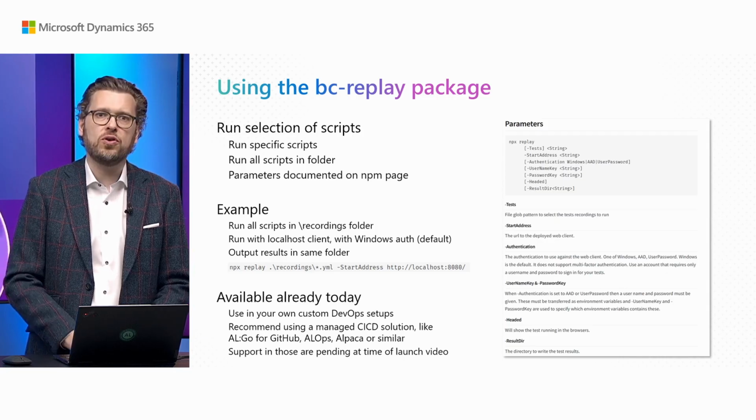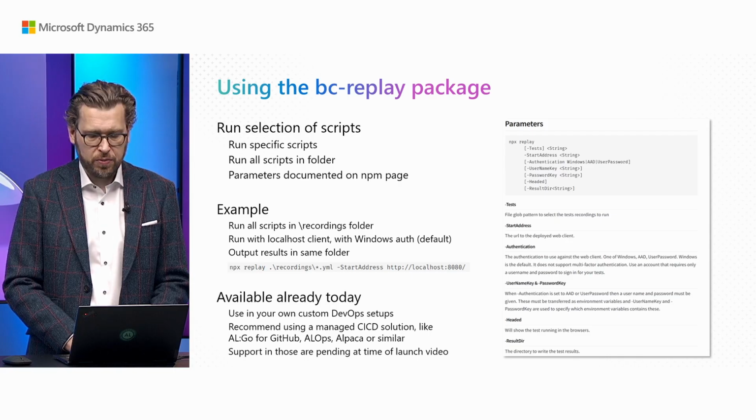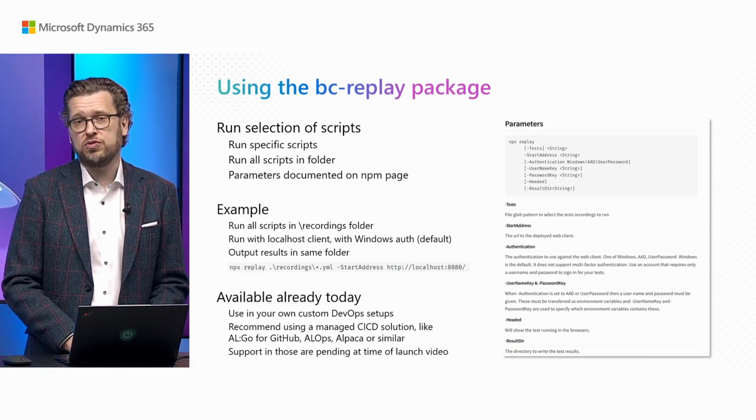And support for the BC Replay page scripting replayer will come out soon in those different solutions. We will be focusing, of course, on AL-Go for GitHub, and so expect that in the near future. So that if you're using that, you can more or less get this for free.